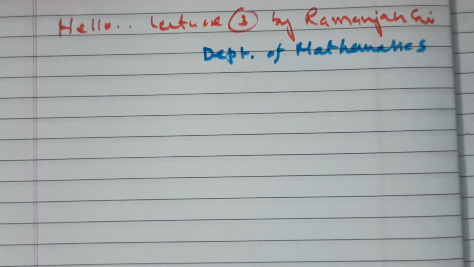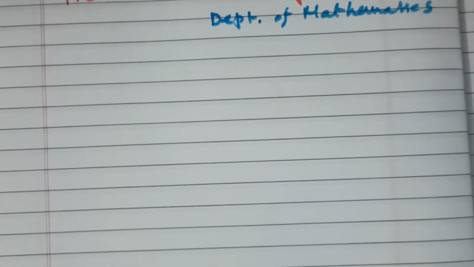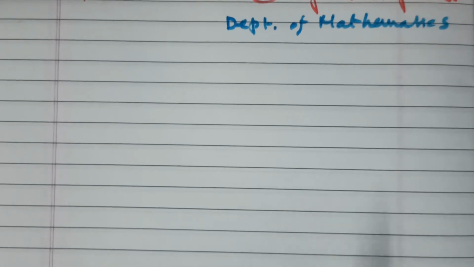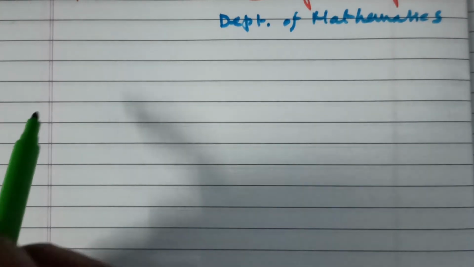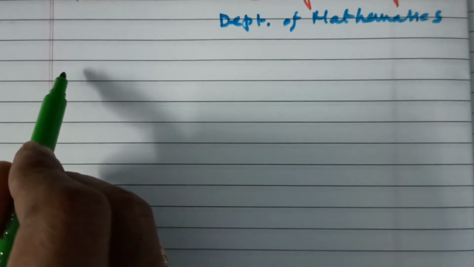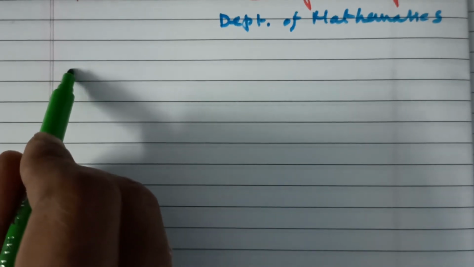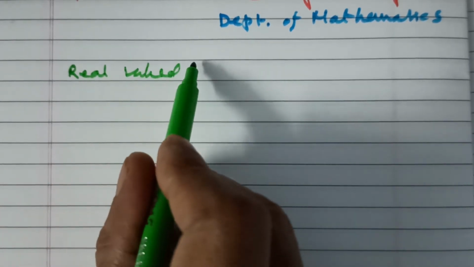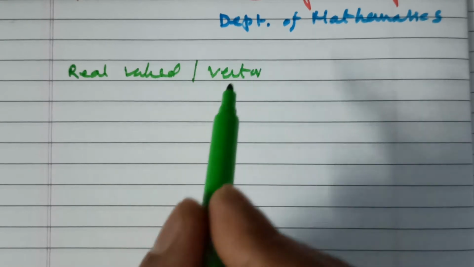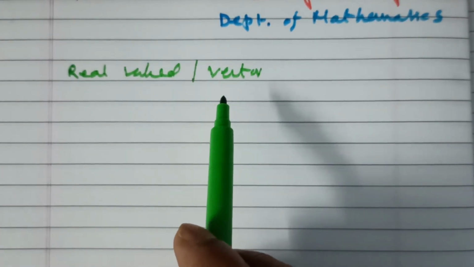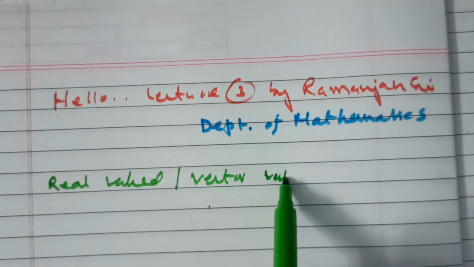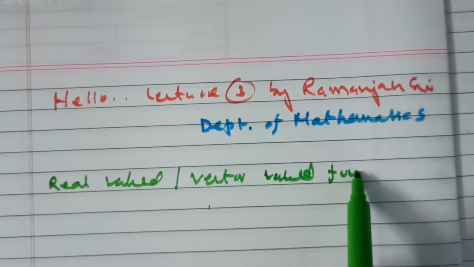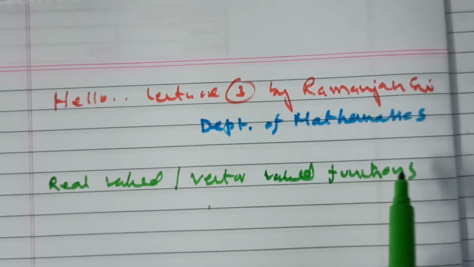So let us see a few definitions still to go for theorems. Right. Real valued or vector valued functions.